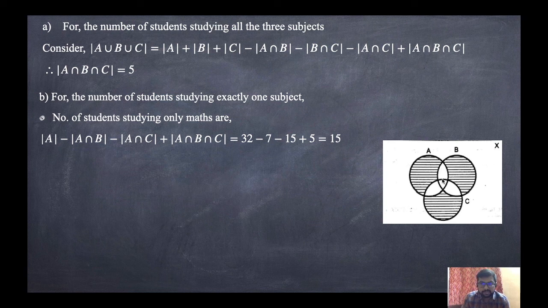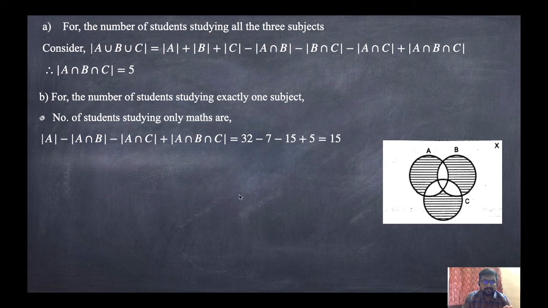Now we want to subtract this portion, that means A intersection C. But see, by subtracting A intersection B and A intersection C, we have subtracted this middle portion twice, but we want to subtract it only once. So we will add that portion. This middle portion is A intersection B intersection C, and now we will just put the values. So 32 minus 7 minus 15 plus 5, and that is 15.